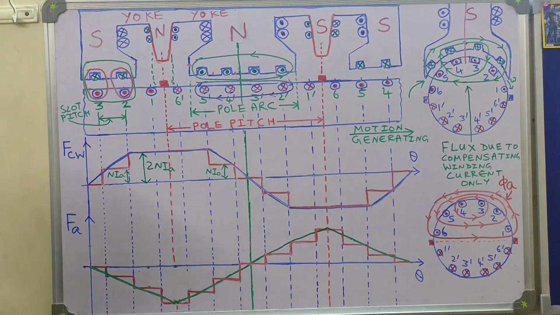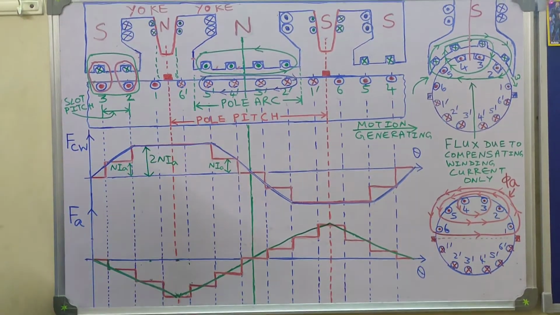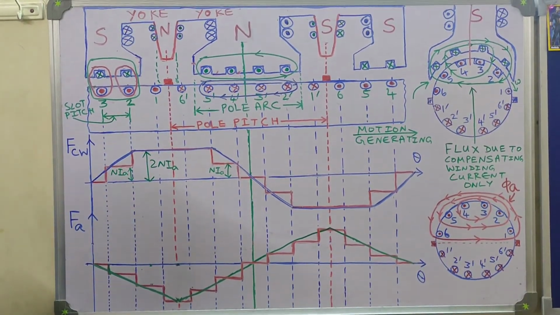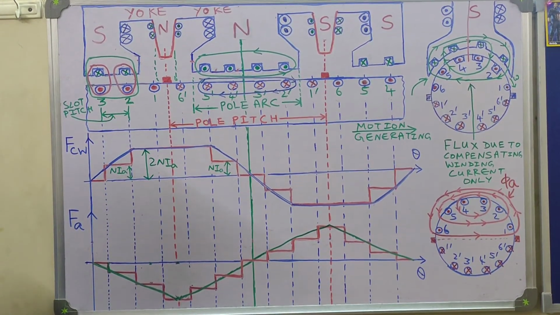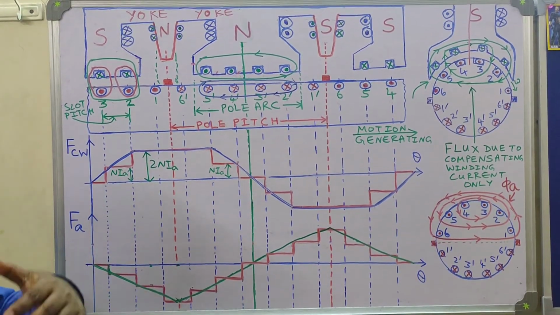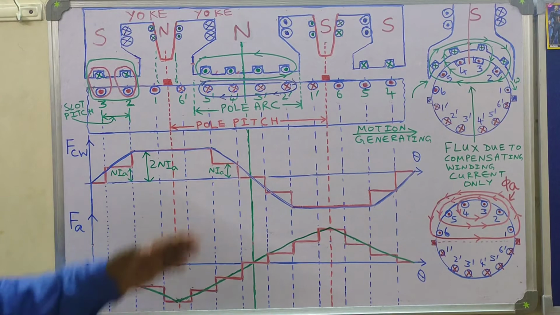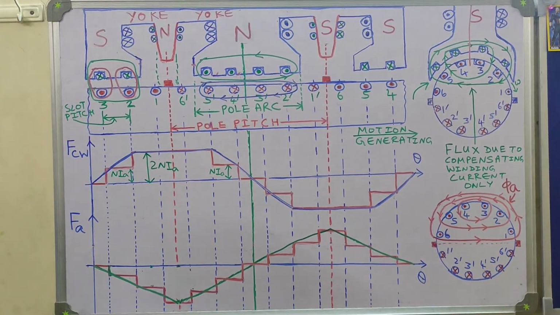In an AC machine there are also leakage fluxes, but they are time varying because the current itself is time varying, and leakage flux is created due to current, so they create a problem in an AC machine. But in this case, they don't create any problem in the steady state condition.